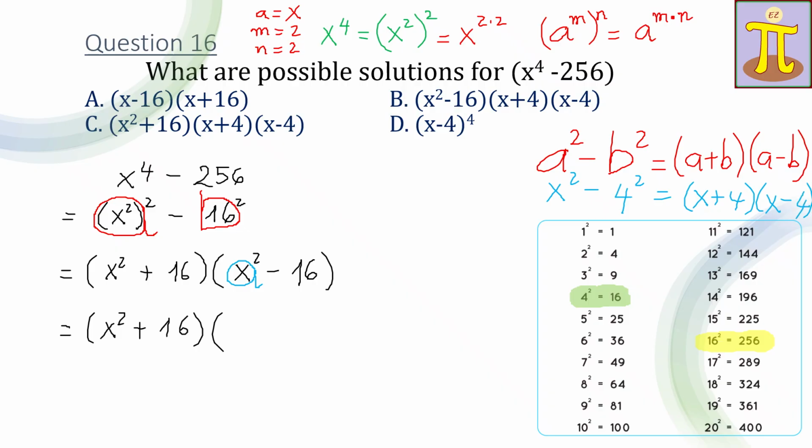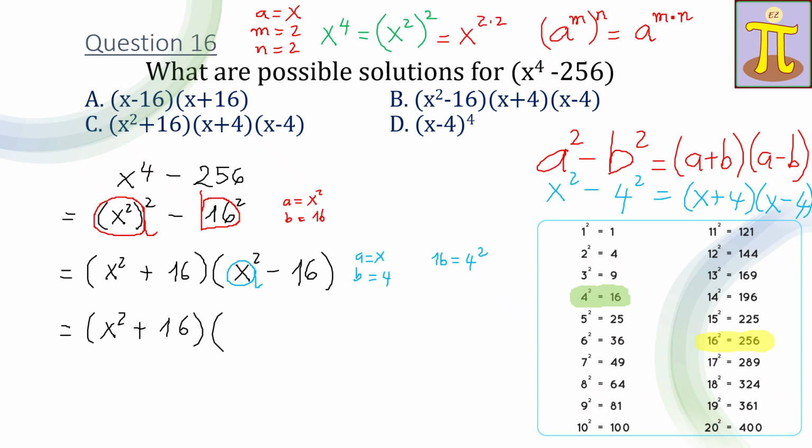So I will write down here: the first time where I apply it, I have my x squared is my a, my b is 16. The second time where I apply it, my x is my a, my b is 4, because 16 equals 4 squared.